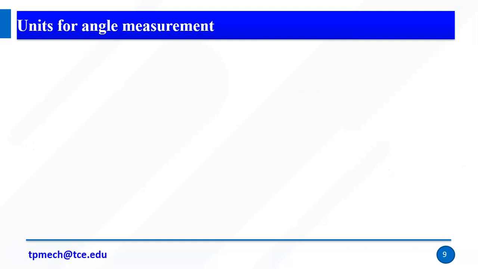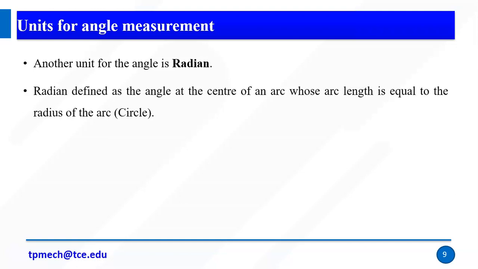Now, units for angle measurement. Another unit is the radian. It is defined as the angle at the center of an arc whose arc length is equal to the radius of the circle. You can construct a circle with any radius; if the arc length is equal to the radius, the angle is one radian.